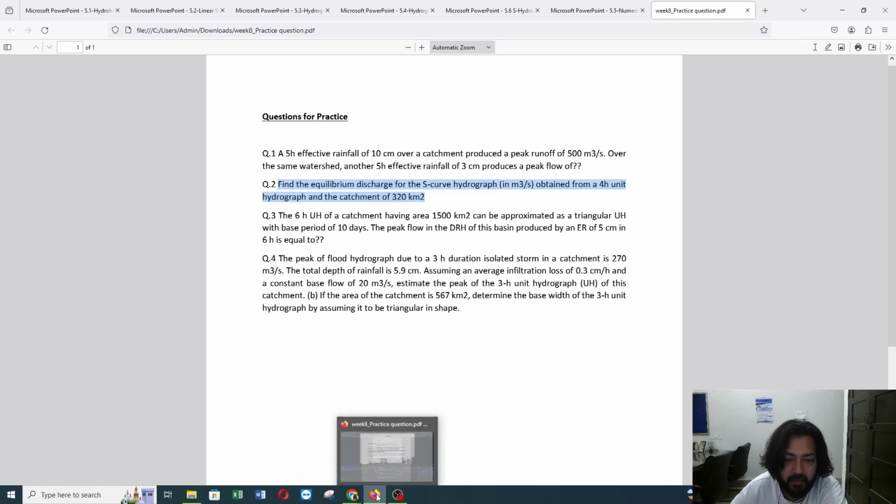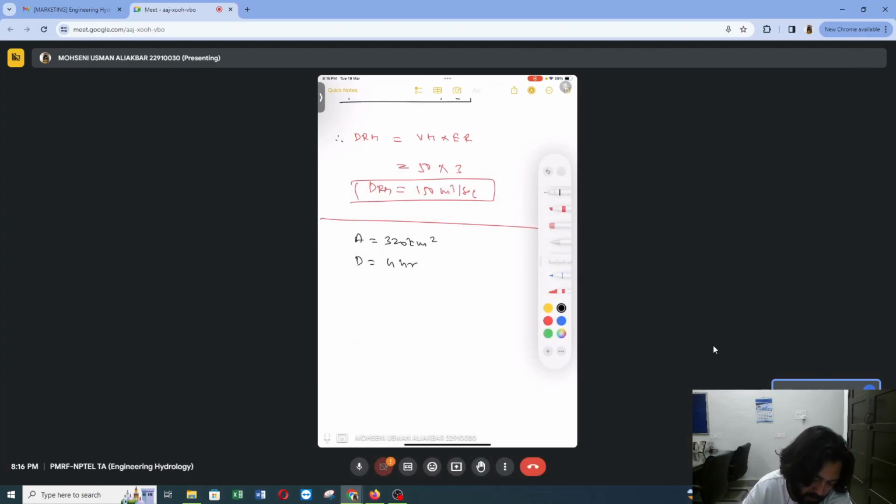They are asking us to calculate the equilibrium discharge, that is Q equilibrium. We know Q equilibrium is nothing but A by D, but we need to convert area into meter square and hours into seconds.